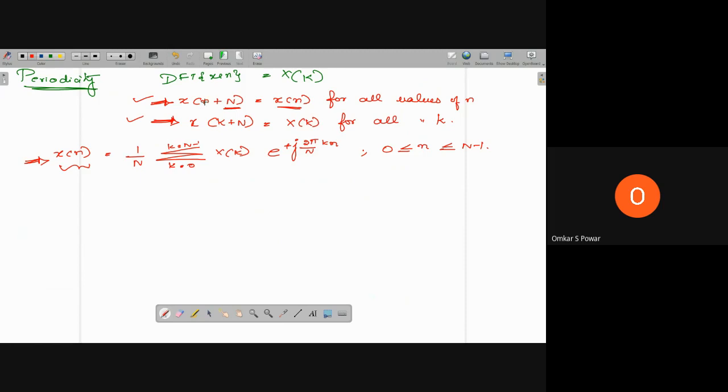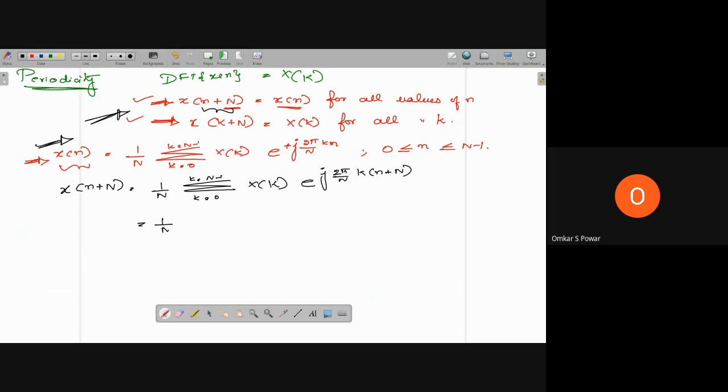So now you see the statement. It's very easy. You have to remember the formula, you have to remember the statement, then according to the statement, you can go. So what is there? x of n plus N. So let us replace n here by n plus N. So x of n plus N is equal to 1 by N summation k varies from 0 to N minus 1 X of k e power j 2 pi by N k into n plus N. Now what we can do is similar to a power m plus n equals a power m into a power n.